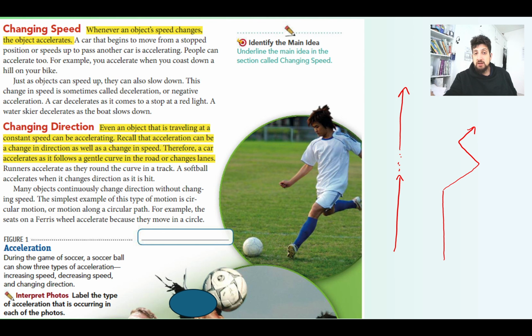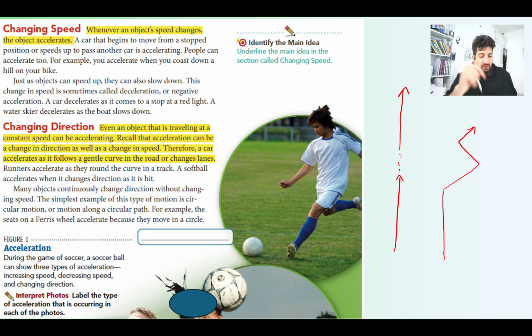You can't change directions without experiencing an unbalanced force. It's literally Newton's laws of motion. So we're talking about the second law of motion specifically. But that's something you're going to encounter later on in physics. And so therefore acceleration is change in velocity or change in direction.